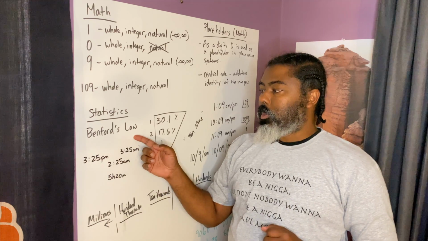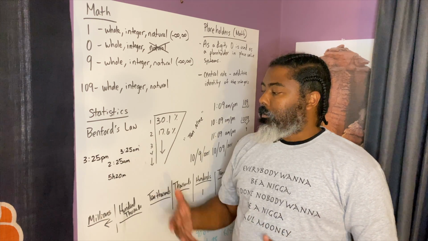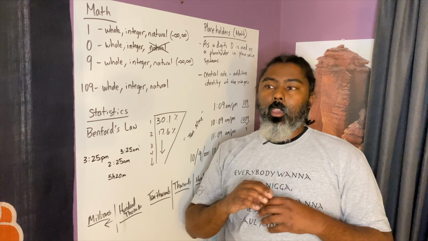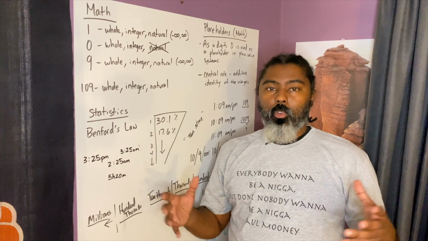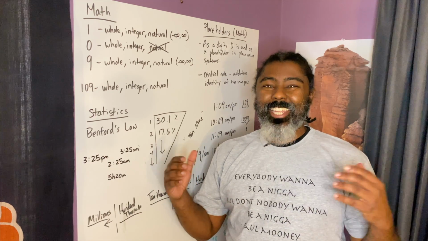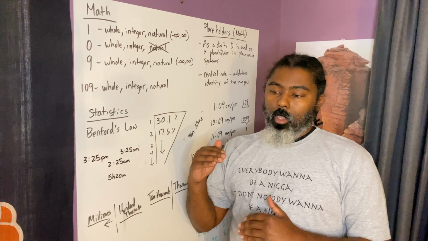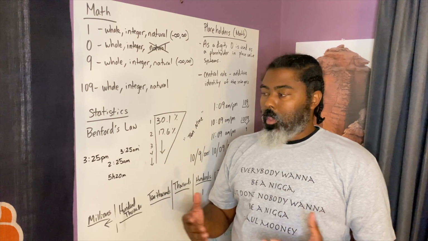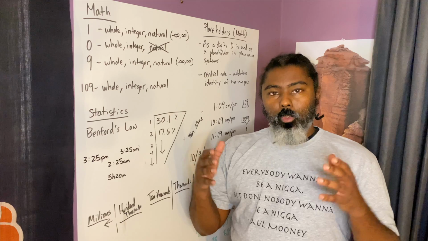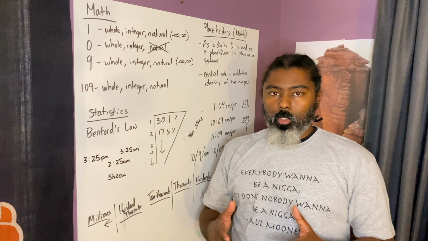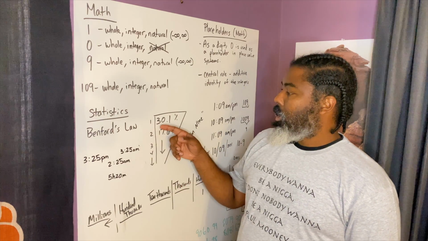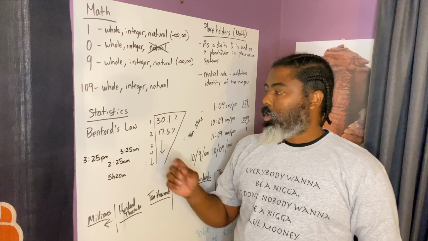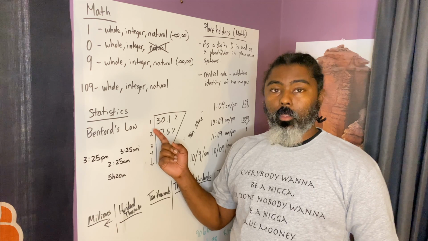It's called Benford's Law. Benford's Law states that if you have a large set of numbers, a data set, a group of numbers, and you examine those numbers closely, you will find that 30% of the numbers will begin with the number 1.